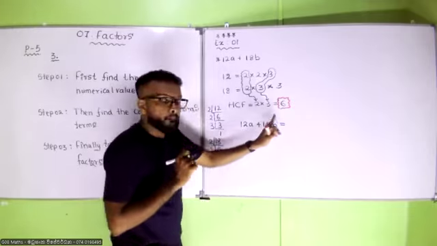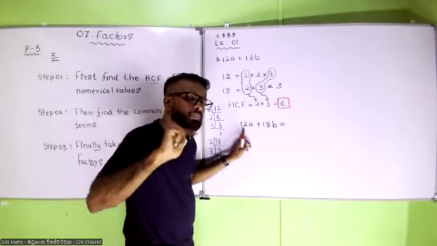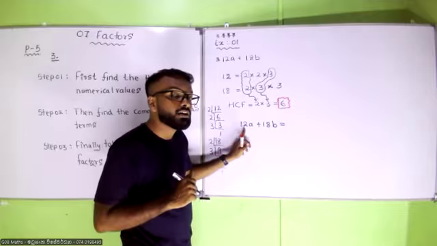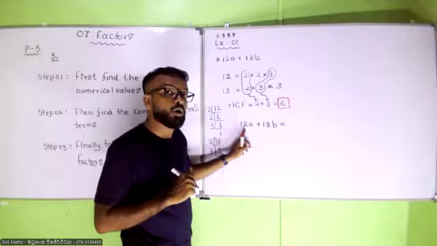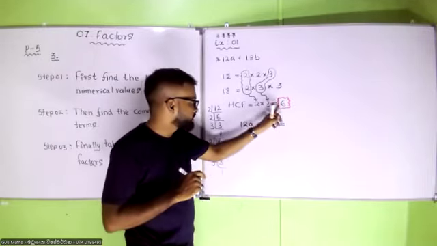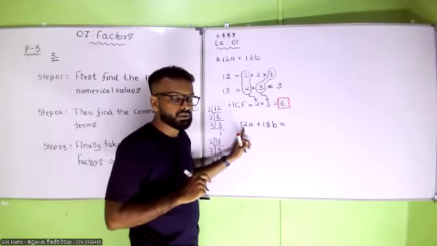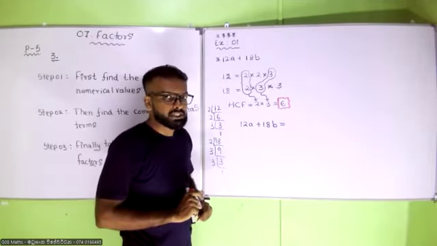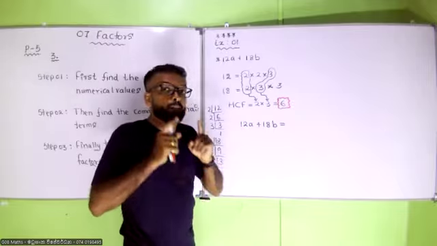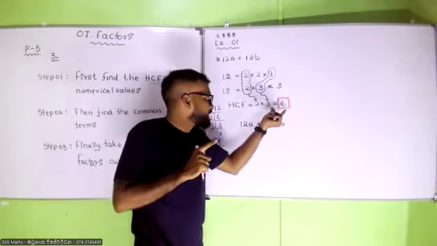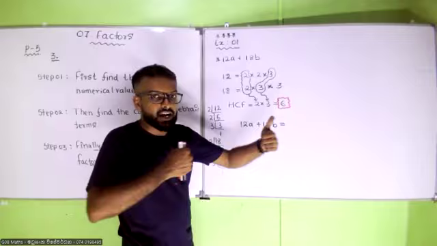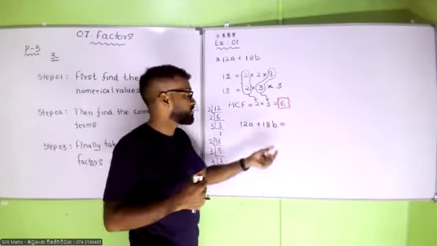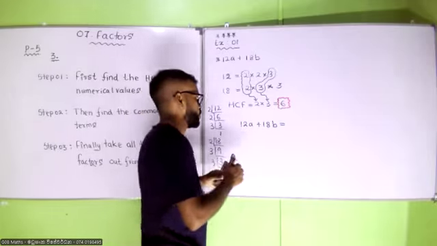So by using 6, how are you going to represent 12? Can anyone tell me? Yes, 6 times 2. I am asking how we are going to represent 12 by using the number 6 as a factor, as a product of two numbers, 6 into 2.